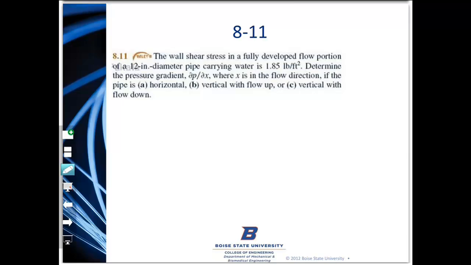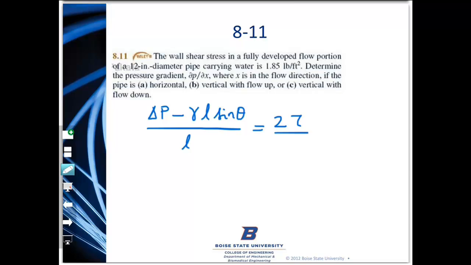You can look in your book, and the general form is delta P minus gamma L sine theta over L, where L is the length of the pipe, equals 2 times shear stress over R. Okay, where tau is valid at any R.